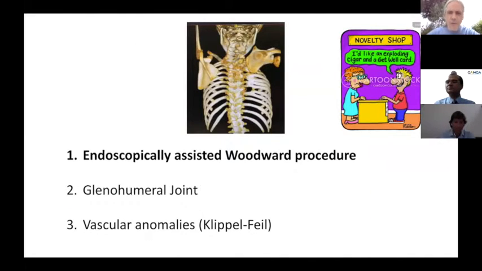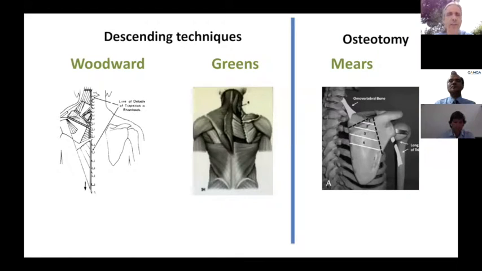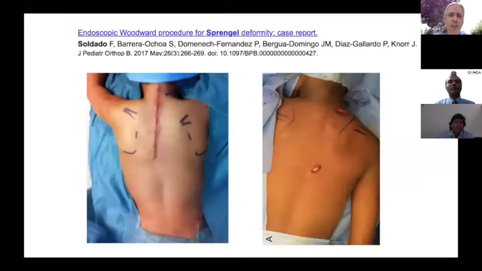So we will talk about the endoscopically assisted Woodward procedure, about what happens with the glenohumeral joint, and also about vascular anomalies. By my local culture, let's say that we use descending techniques, the Woodward technique, to correct the Sprengel deformity. So that's why we thought about decreasing the invasiveness of the procedure in these children.